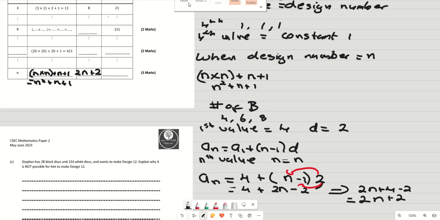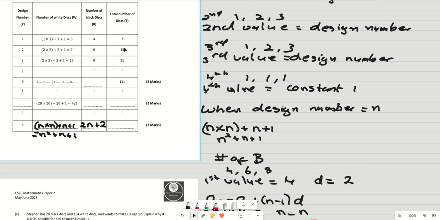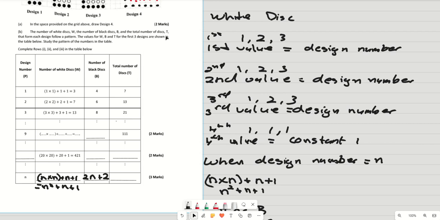Now, if we look at the last section, which is your total, there's 7 to 13, 13 to 21. There is no common difference between these values. However, the instructions did tell us that T would be the combination of your white disks and your black disks.